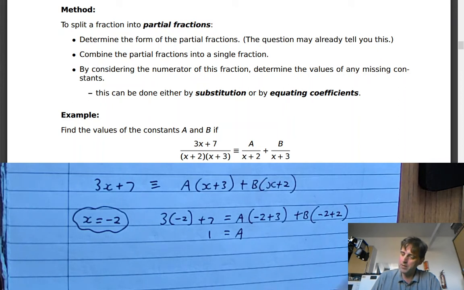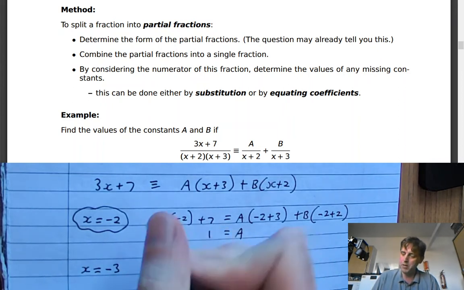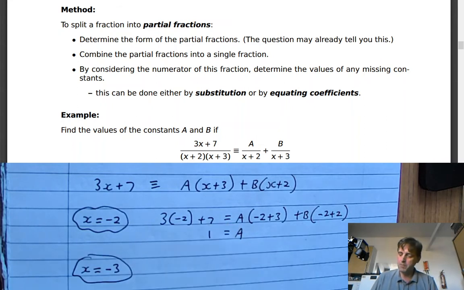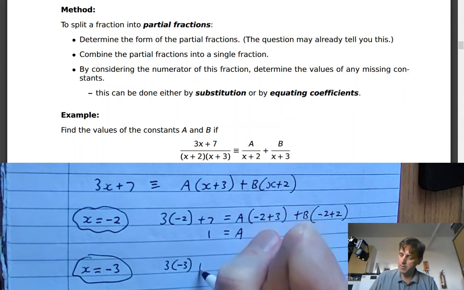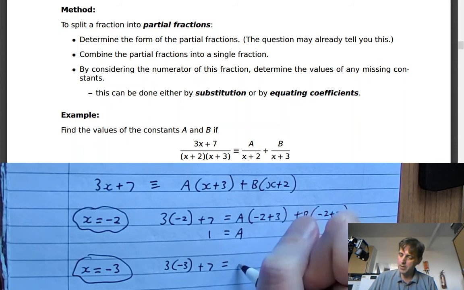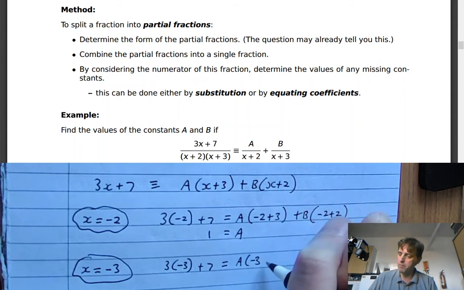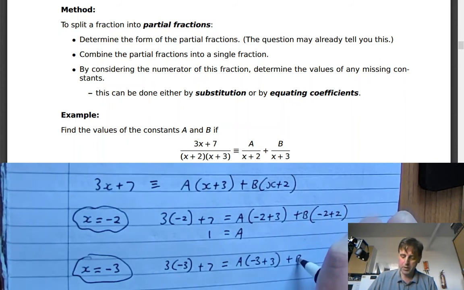Okay, well, did you think of x equals -3 here? I hope so, because if we substitute x equals -3 into both sides, we're going to get 3 times -3 plus 7 here. We're going to have a times -3 plus 3, and then we're going to have plus b times -3 plus 2.